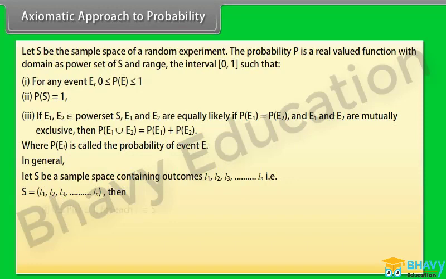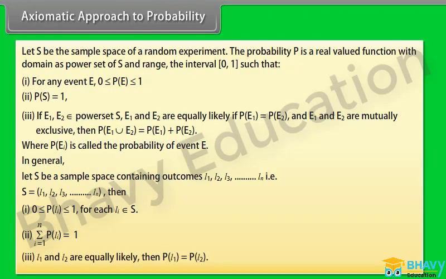Then 1. 0 is less than or equal to P(Li) is less than or equal to 1 for each Li belonging to S. 2. Summation of i is equal to 1 to n of probability of Li is equal to 1. 3. If L1 and L2 are equally likely, then P of L1 is equal to P of L2.